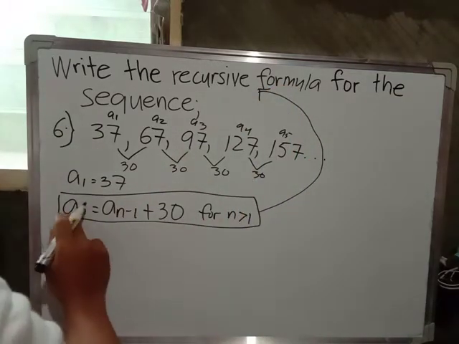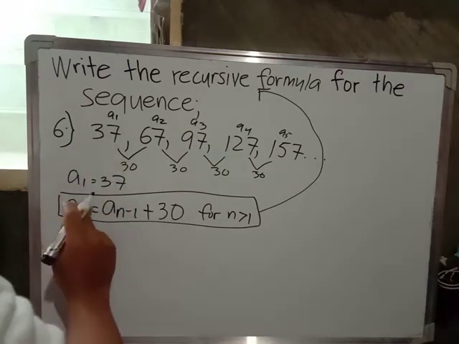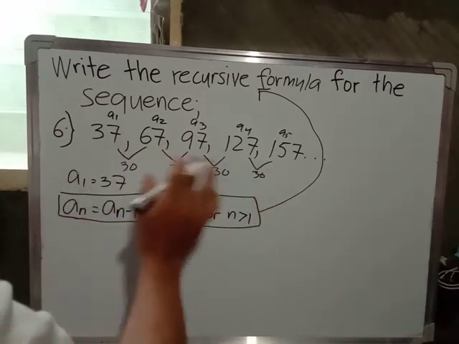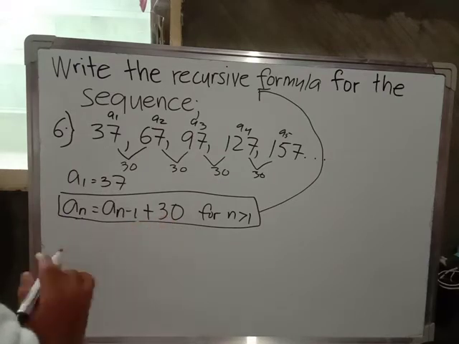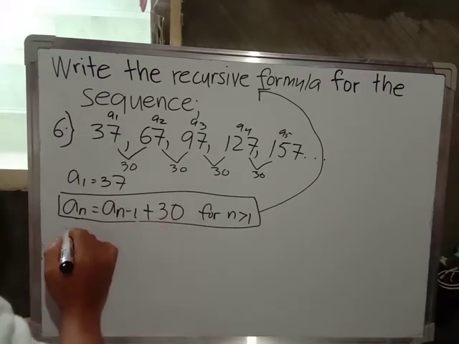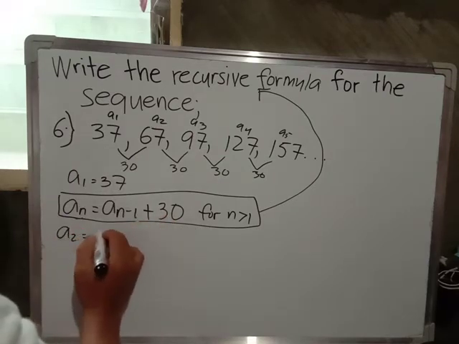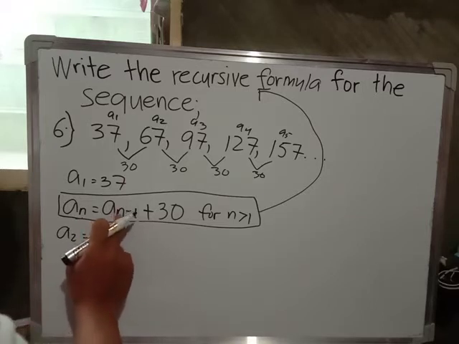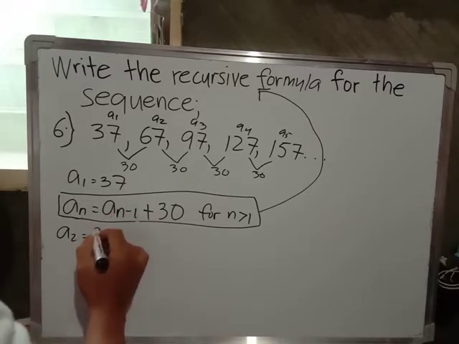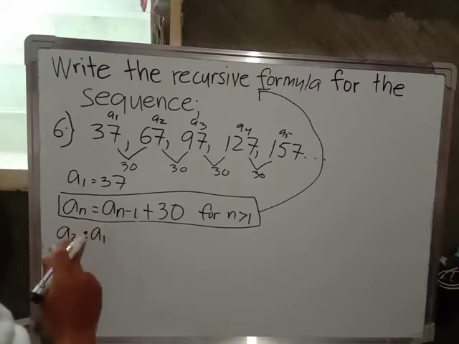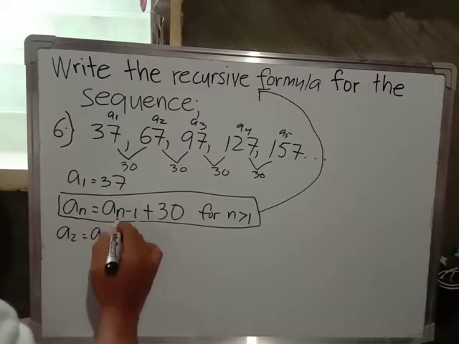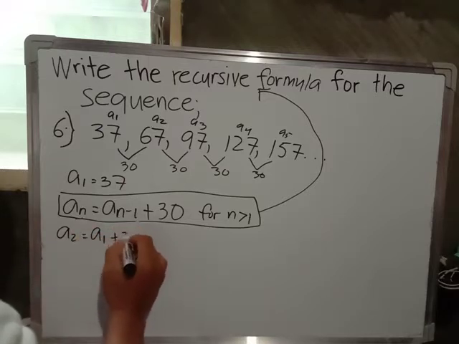Let's try. E2. Given naman si E1, pero try natin kung gagana itong recursive formula. So, E2 is equal to E(n minus 1), so E1, since 2 minus 1 is 1, plus 30.